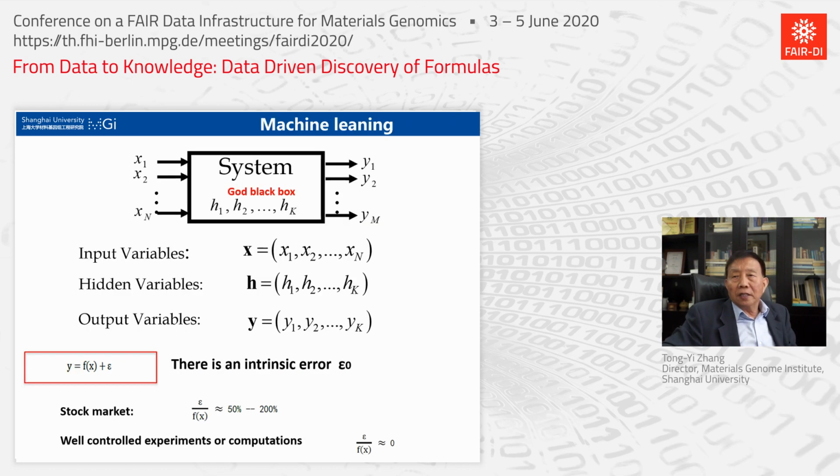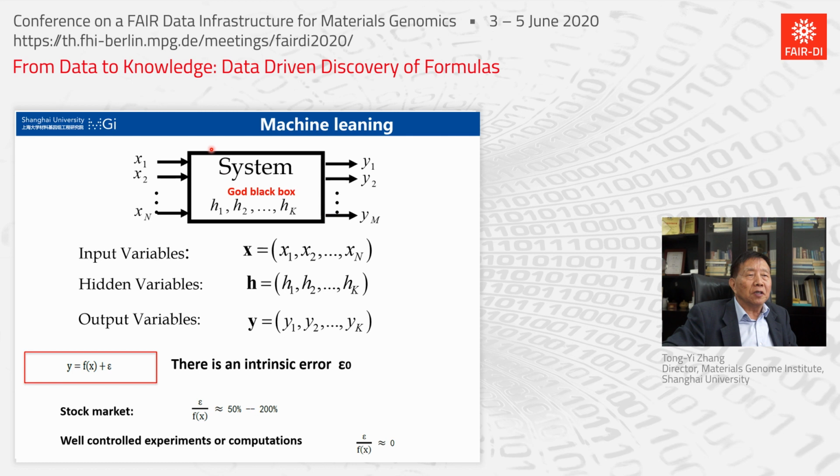So now let's talk about machine learning. In machine learning, we have input data, then we have output data. The output variable we usually call the response. That is the input data.